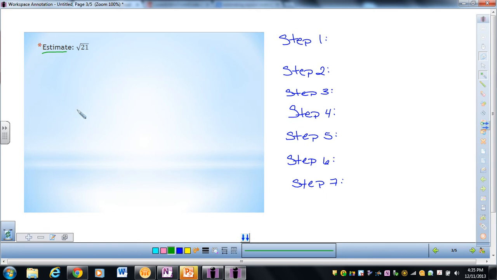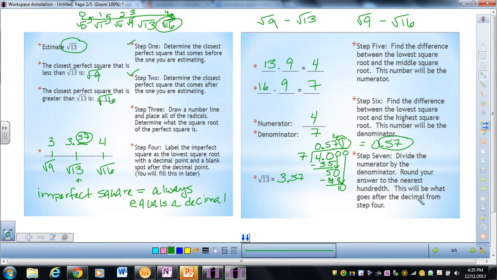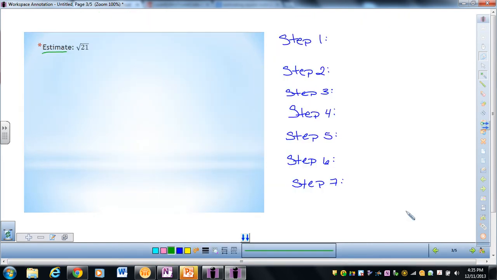So I know that if I look back to my previous notes, that step 1 told me to determine the closest perfect square that comes before. So I'm thinking 21, well, I know 25 is a perfect square, and that's pretty close to 21, but that comes after. So what comes before?